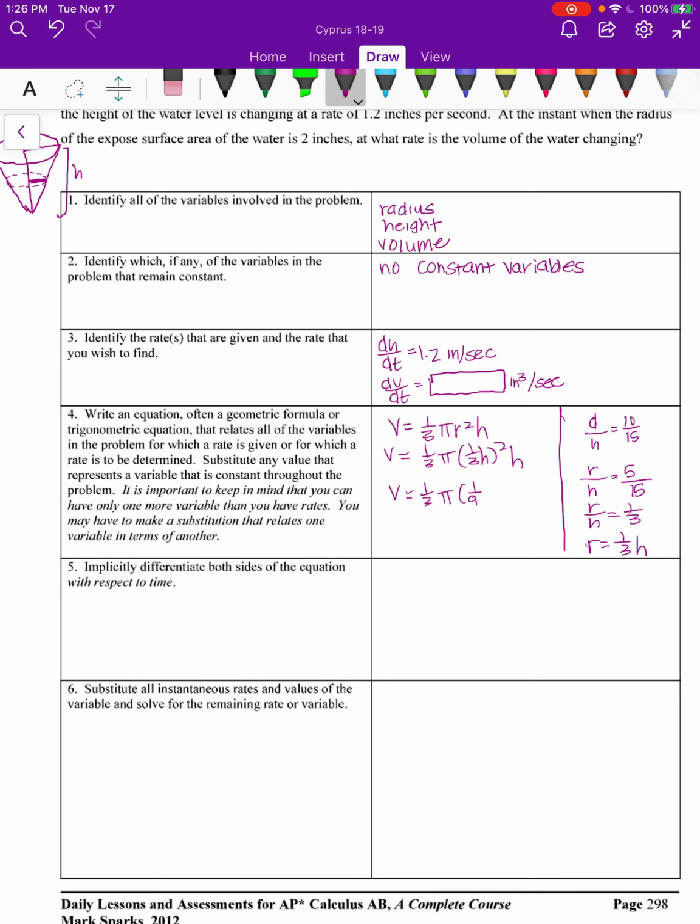Volume is 1/3 pi times 1/9 h, and now it's to the 3rd power because we have h squared times h. So lastly, 1/3 times 1/9 is 1/27 pi h to the 3rd.